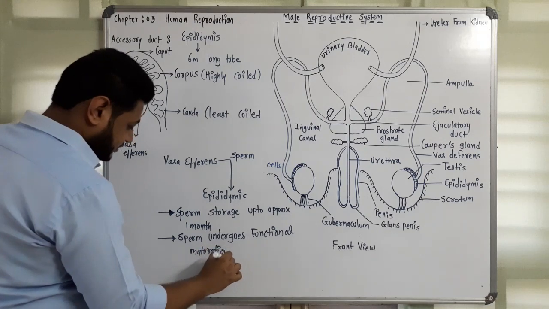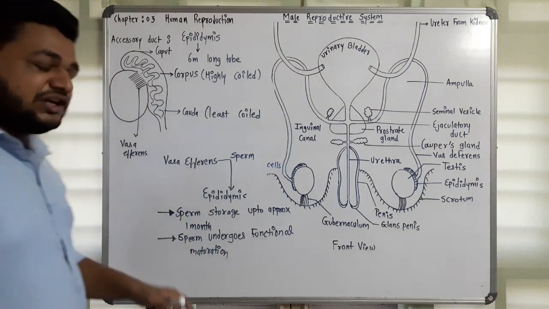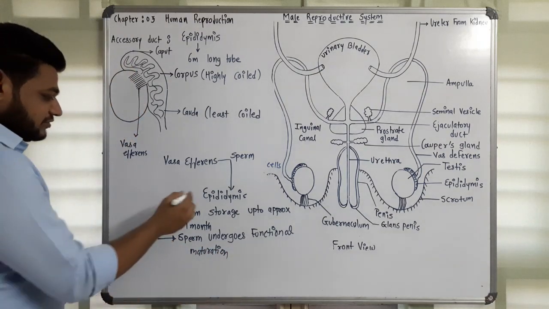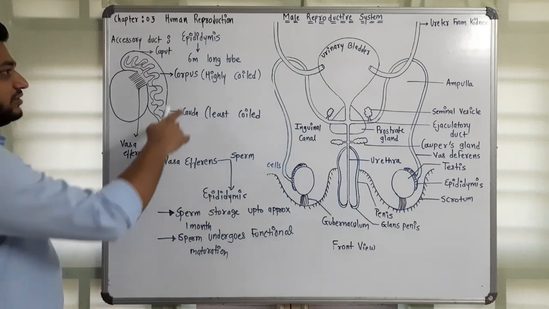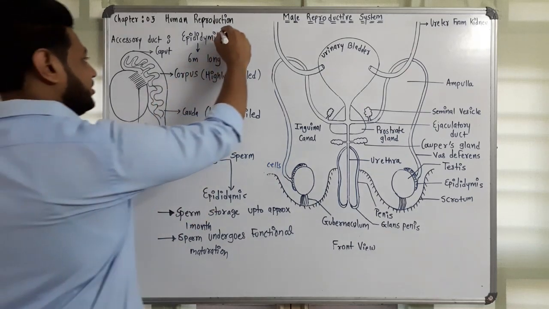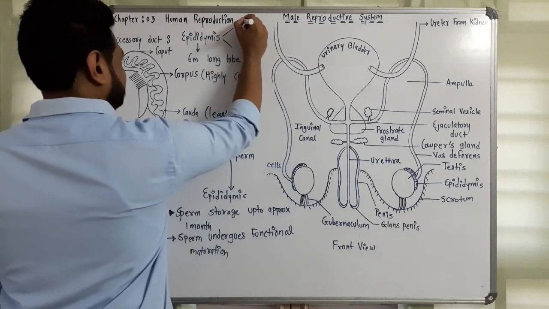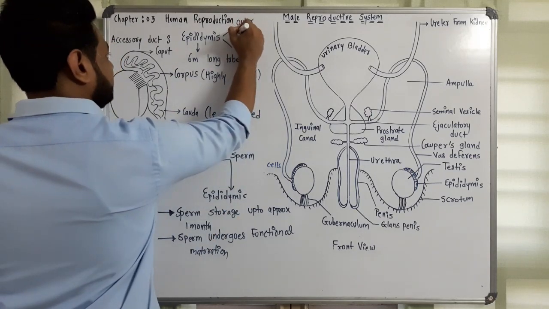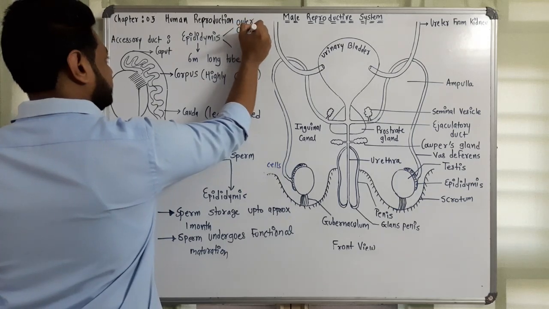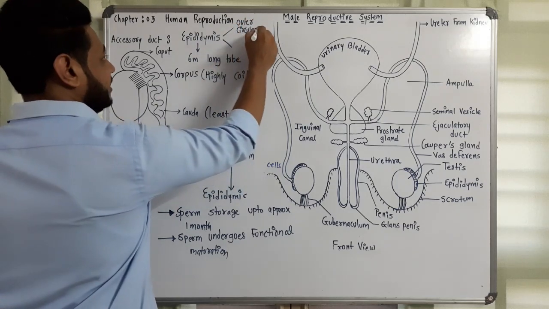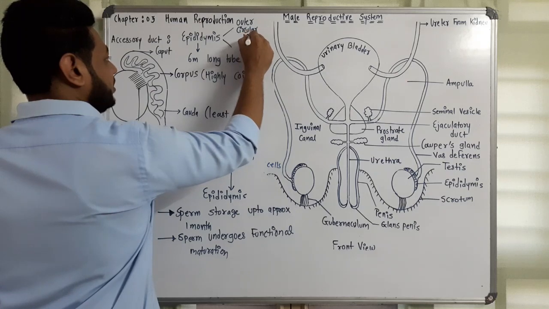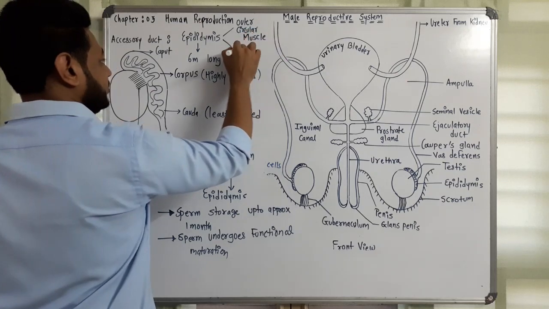Now see, the epididymis itself is a highly coiled tube, made up of outer circular muscles and inner epithelium.